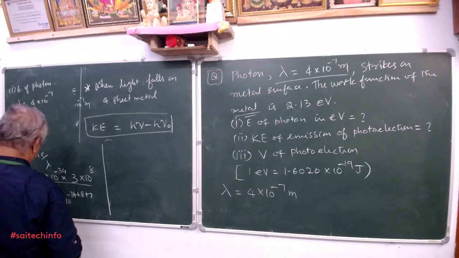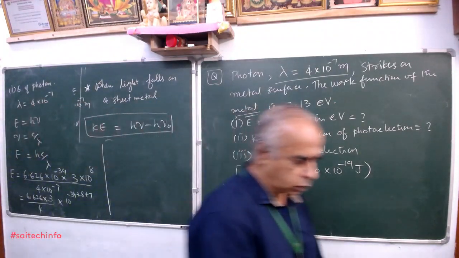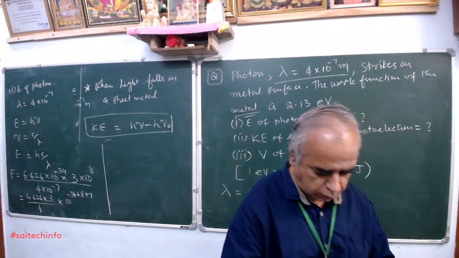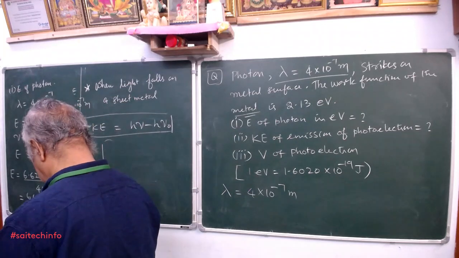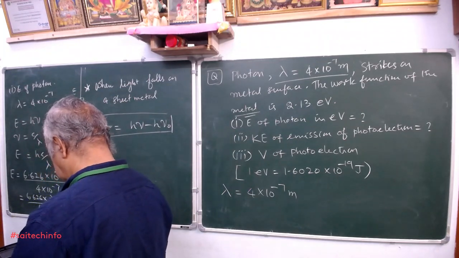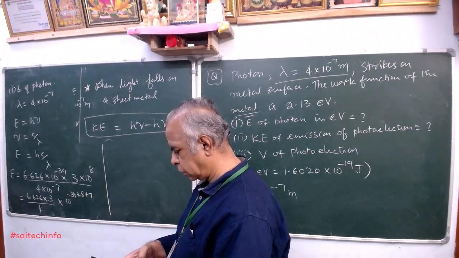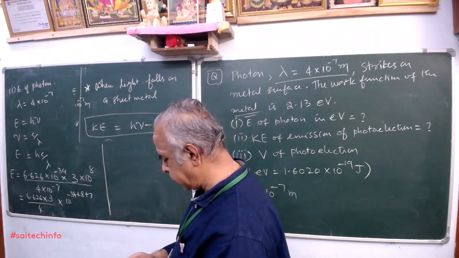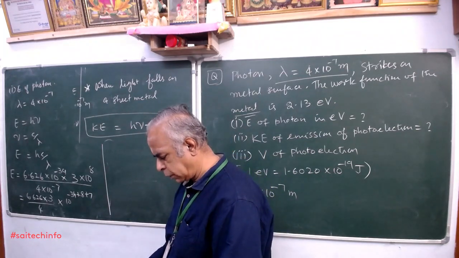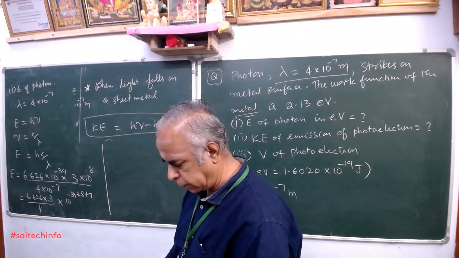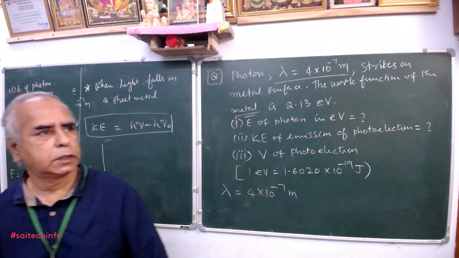So how much? 3 into 6.626, you can work out the values. Let us use a calculator. 3 into 6.626 divided by 4, so 4.9695.